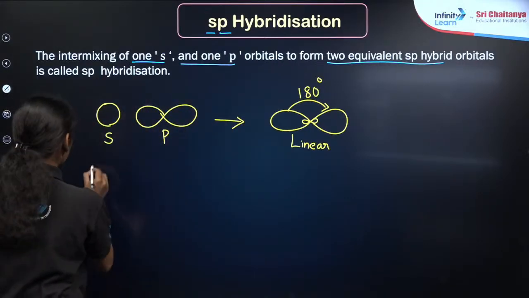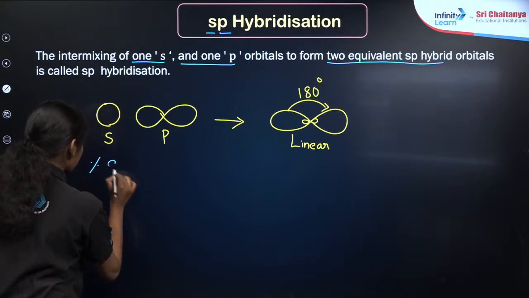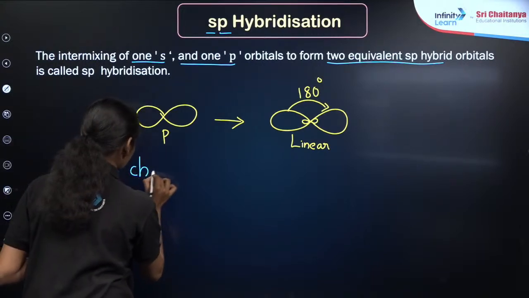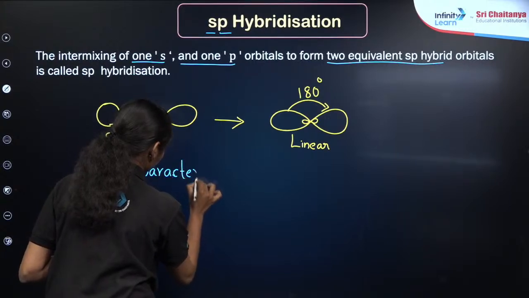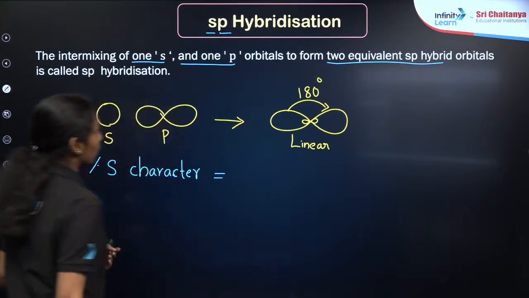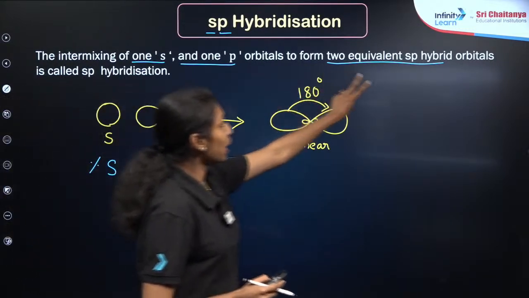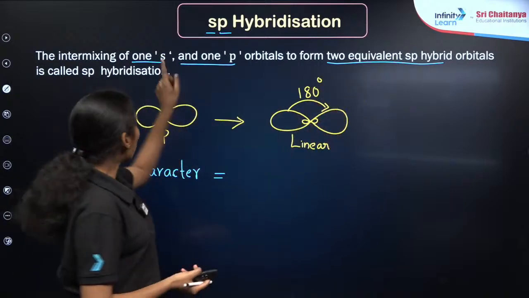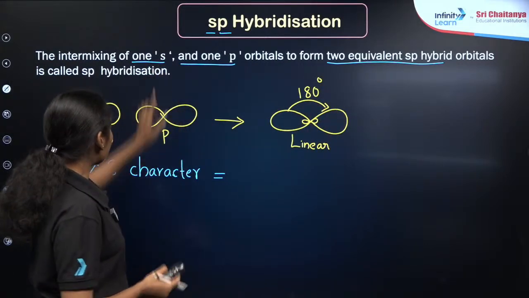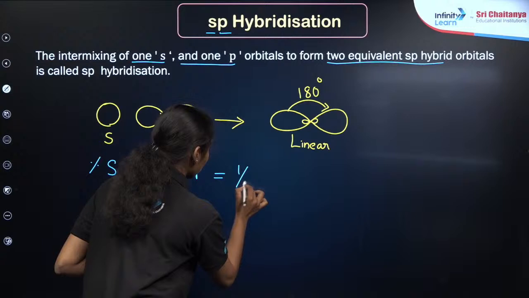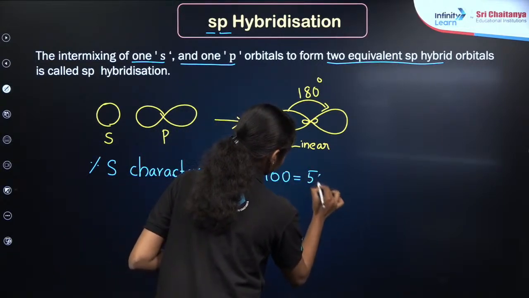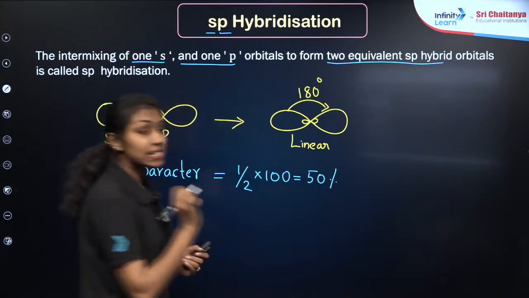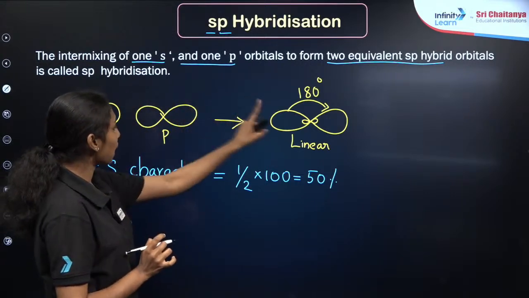Now we have to calculate the percentage s character in this sp hybridized orbital. How can we calculate that? Total two sp hybrid orbitals are forming in which only one s is present, right? So I am taking 1 by 2 into 100, which means 50%. 50% s character is present in the case of sp hybridization.